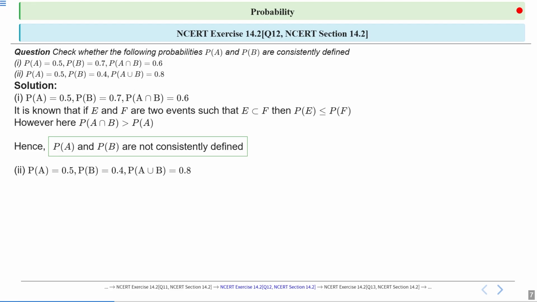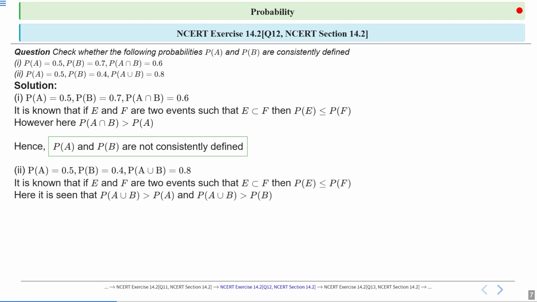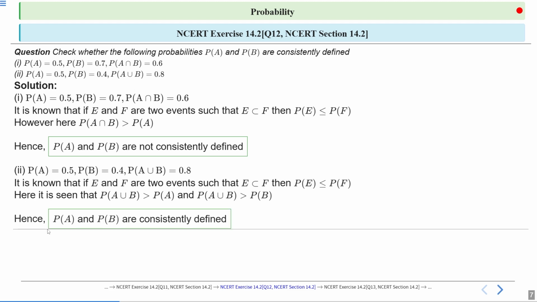So now first note here, it is known that if E and F are two events such that E subset F, then probability of E is less than or equal to probability of F. And here it is seen that probability of A union B is greater than probability of A. Also A is a subset of A union B. So it follows A subset of A union B implies probability of A is less than probability of A union B. And also probability of A union B is greater than probability of B. So hence P of A and P of B are consistently defined.